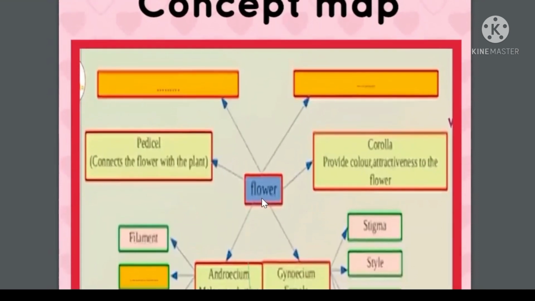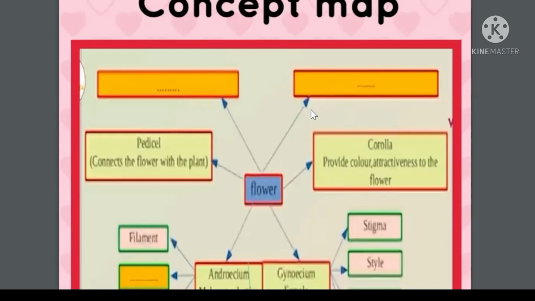Flower is the concept. We have to add more ideas to the main concept. Flower is the main concept of this concept map. And from this flower, we can develop this map as possible as we can.